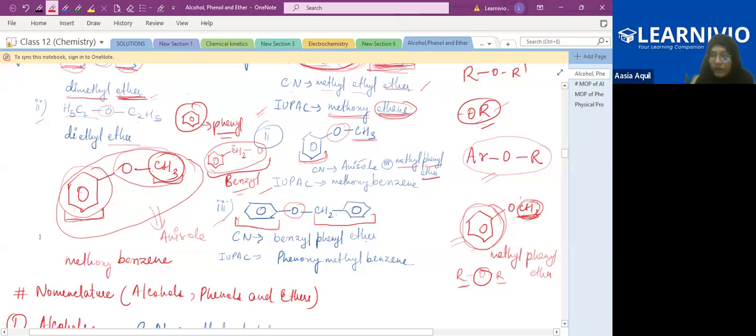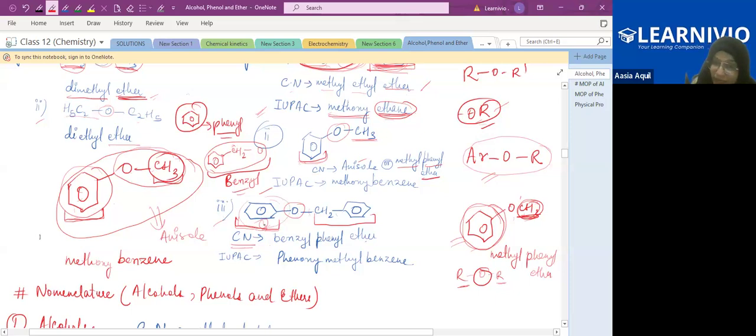Now we can write the common name for this molecule. What will be the common name? Obviously benzyl. The smaller one you can say is younger. Suppose this is a younger brother and this is an elder brother, because this has more number of carbons. This is bulkier because in the benzene ring the CH2 is again attached, but here only the benzene ring is there.